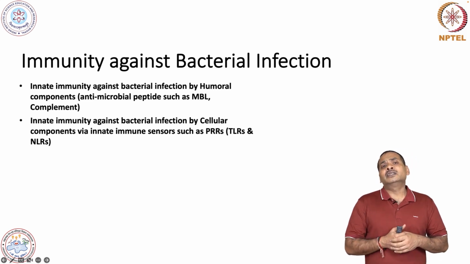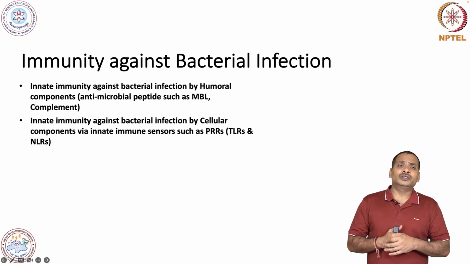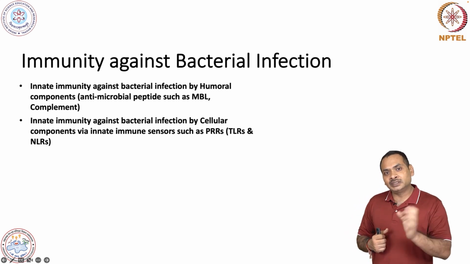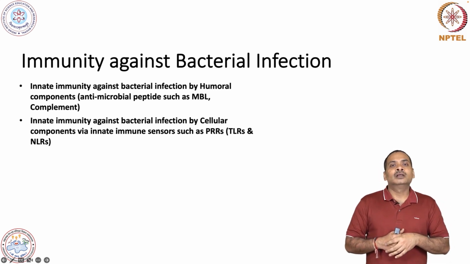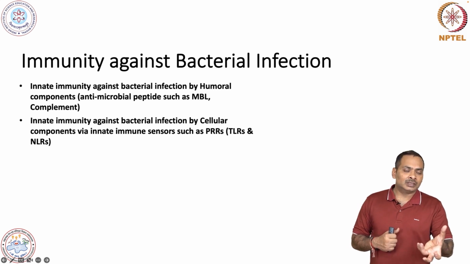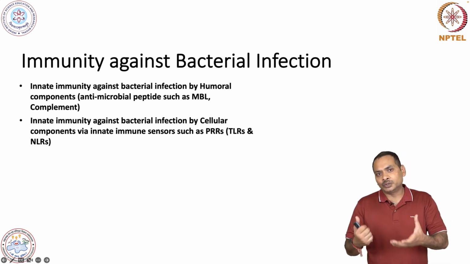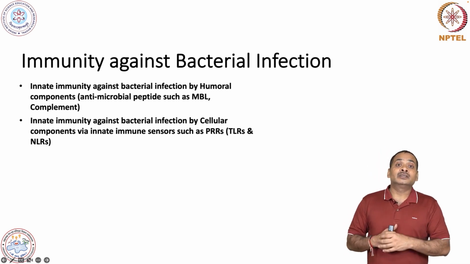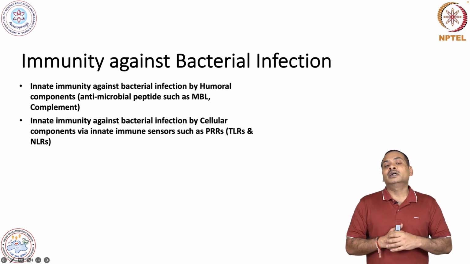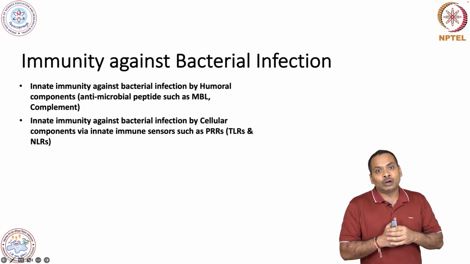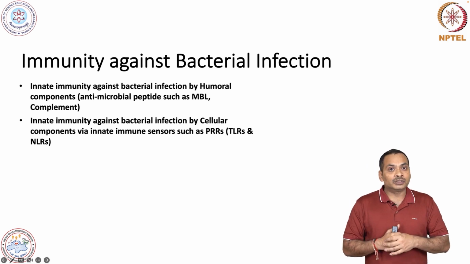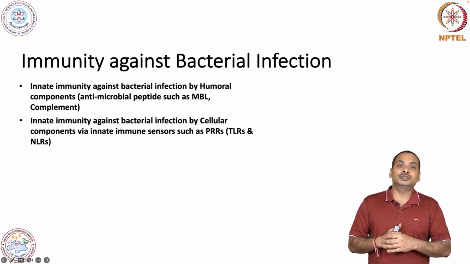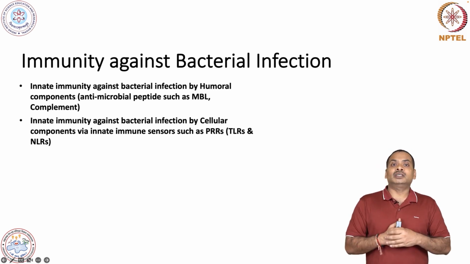Besides TLR, there is NLR. So NLR, if you remember, some NLR members are present inside the cell, and they sense the bacterial component and activate NF kappa B in order to induce the pro-inflammatory cytokines. And there is another family of NLR which makes a multi-protein complex, which we call inflammasome, and this inflammasome plays a very important role in production of IL-1 family cytokines.